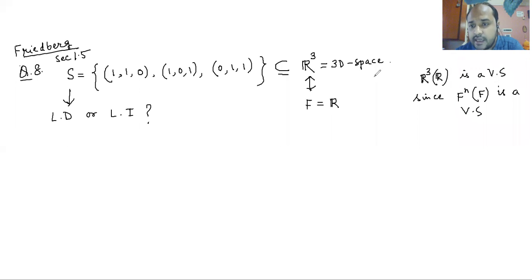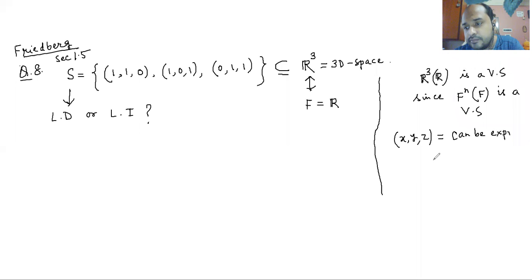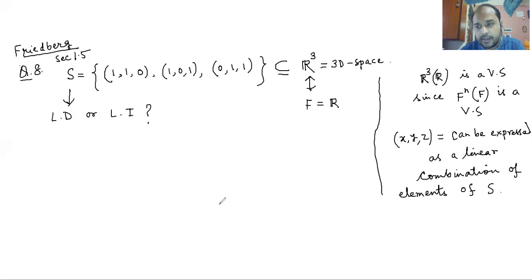In my previous class, we discussed that any three-dimensional point x, y, z can be expressed as a linear combination of elements of S. Now to check whether this particular set is LI, we have to consider these elements individually, and for each of these elements we have to associate some scalars a, b, c.